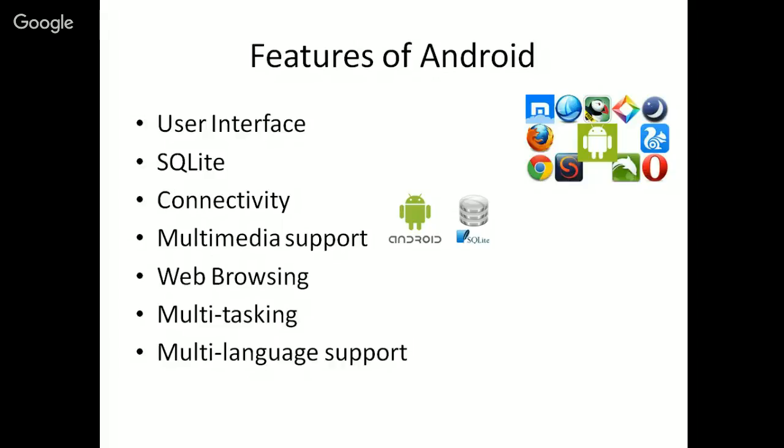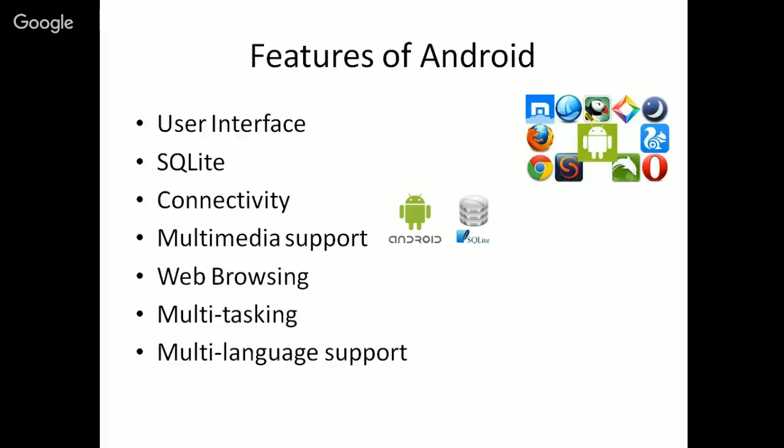If we look at web browsing or the speed of the network or internet connection in our applications or in our devices, then the Android operating system provides one of the fastest ways to get connected to the internet.